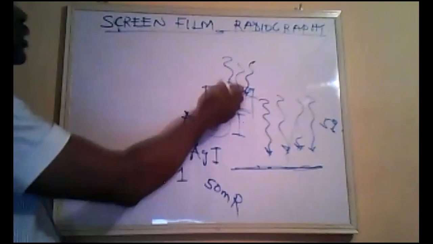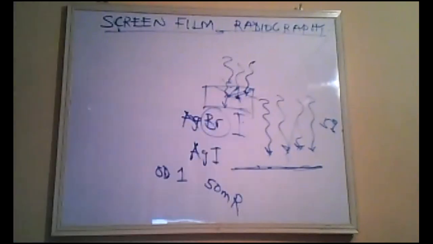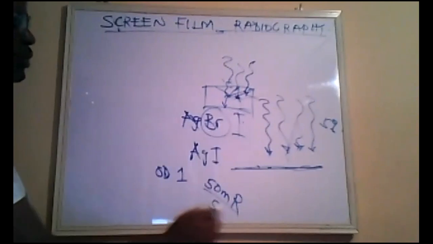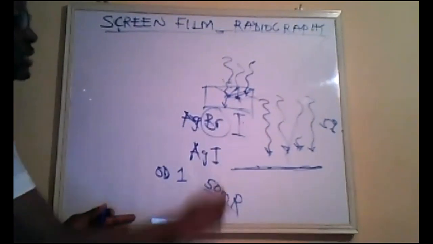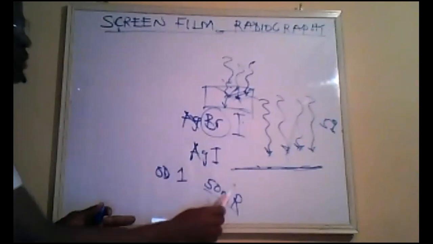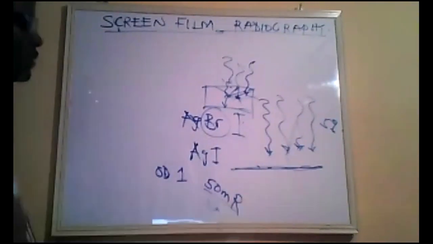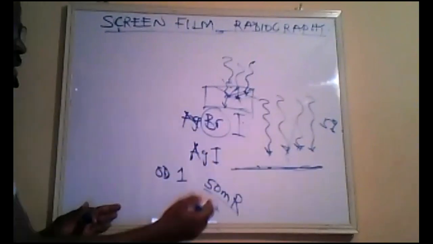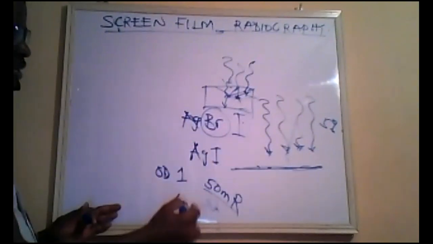But with the introduction of a screen, you can reduce the amount of radiation to the body by about 50 times, so that you just have something like 1 milliröntgen.